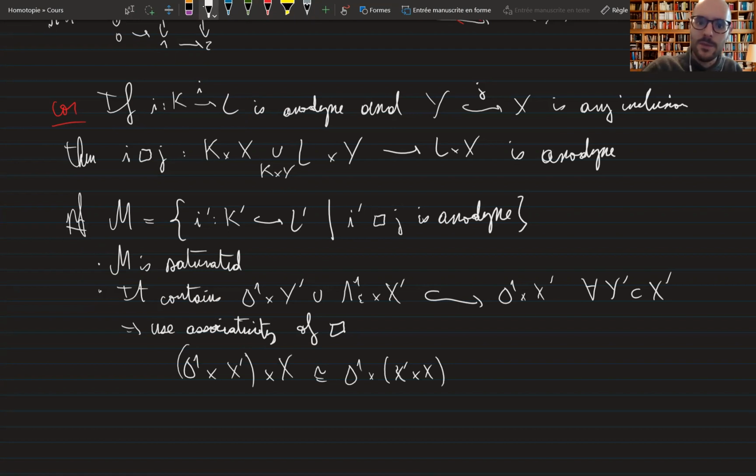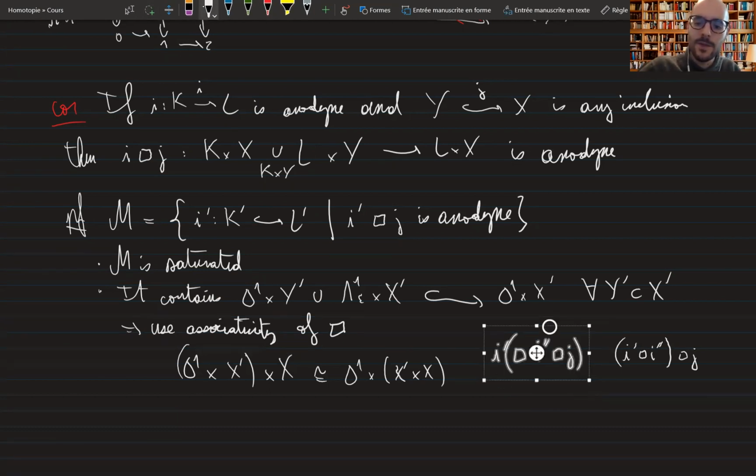But for the associativity of the square, if you are looking either at I prime cross I second square j and I prime square I second square j, you are going to be thinking about, in the first case, a subcomplex of this one, and for this one, a subcomplex of this one, defined in a similar manner.